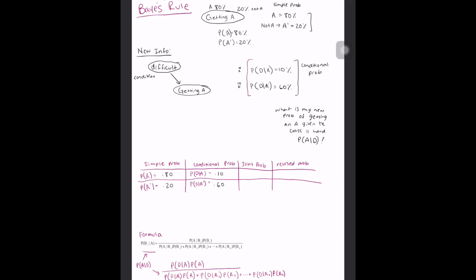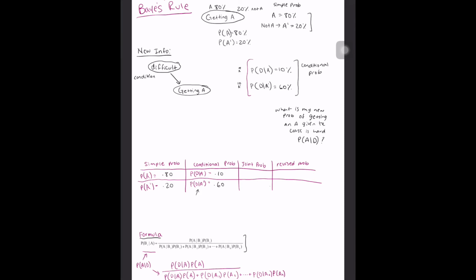And remember, these tell you if you have a group of people that got an A, what percentage of them took a difficult class, and the same thing with A prime. So now the joint probability and the revised probability, we're going to visit a little bit later, but let's look at the formula for right now. This is the formula that we saw in class.